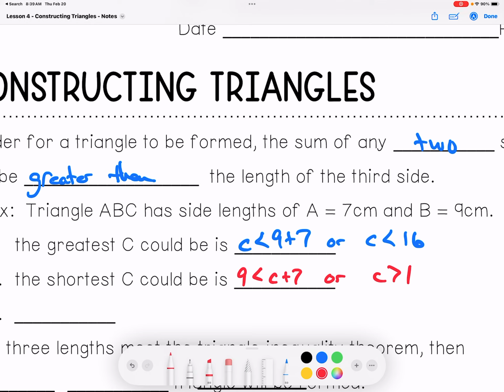So if you don't want to confuse yourself, you could say it has to be greater or equal to 2. Or 3, actually.